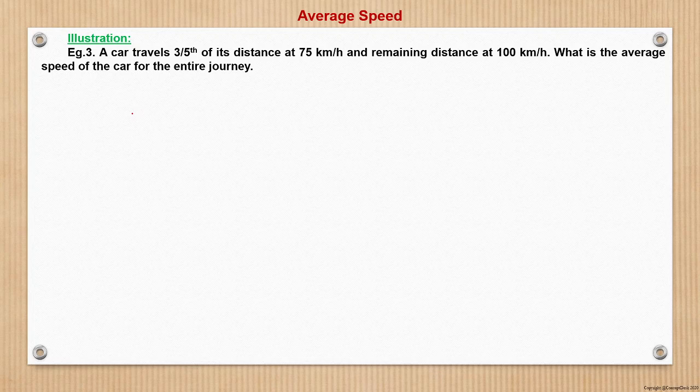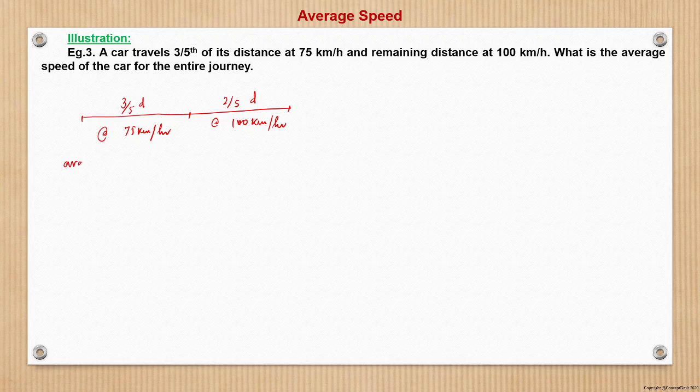So see, this is 3/5, this is 2/5 distance, 3 by 5d and 2 by 5d we can say. This is at 75 km per hour and this is at 100 km per hour.